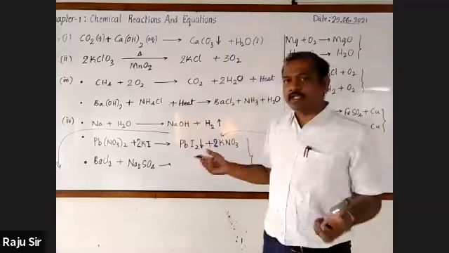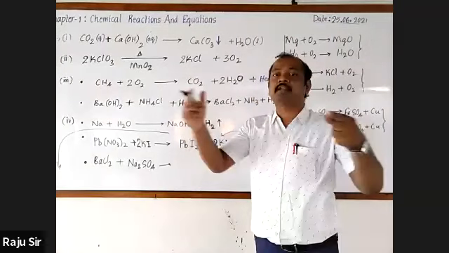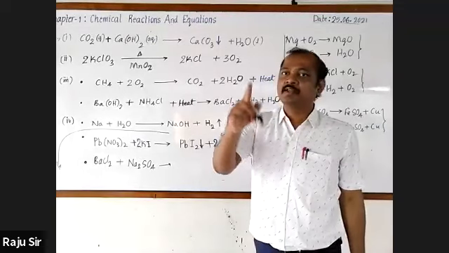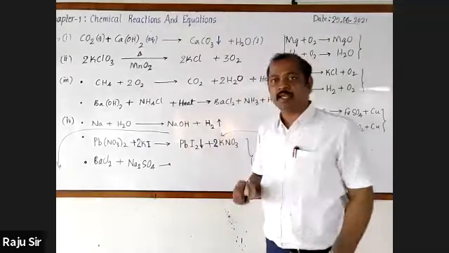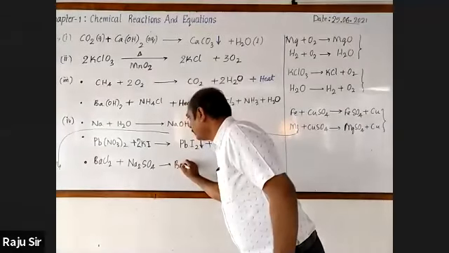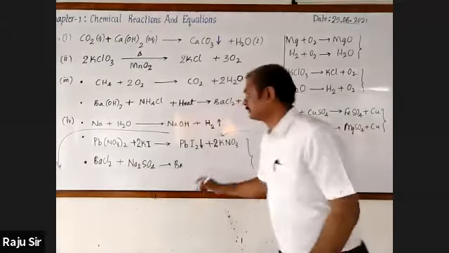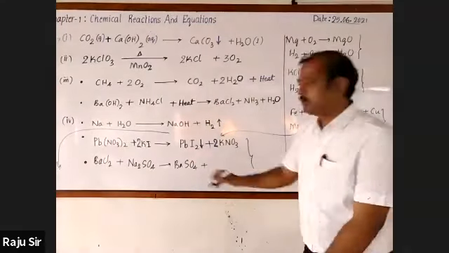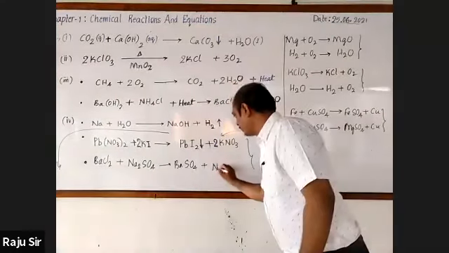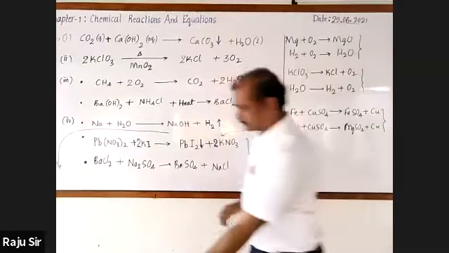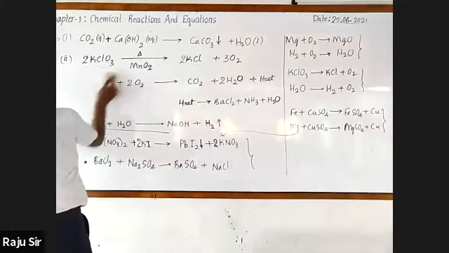We know that as these two are aqueous solutions, when they react with each other, obviously a precipitate forms. What is that precipitate? Barium sulfate, BaSO4, plus an aqueous solution of sodium chloride is formed.